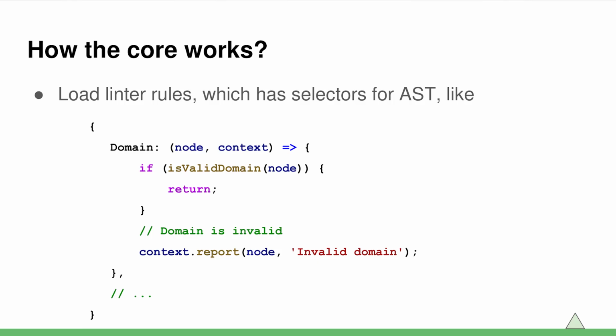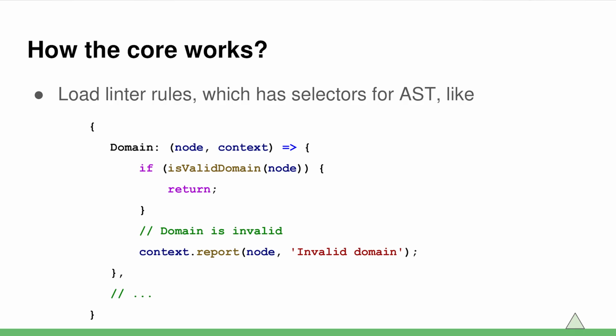The second step is loading the linter rules. Linter rules are essentially structured in a way that they define CSS-like selectors, which allow us to target specific parts of the AST. These selectors are then linked to so-called handler functions, which determine what should happen when the corresponding nodes in the AST are reached.